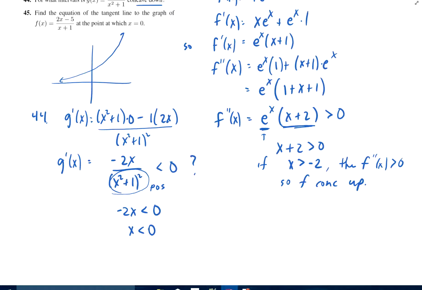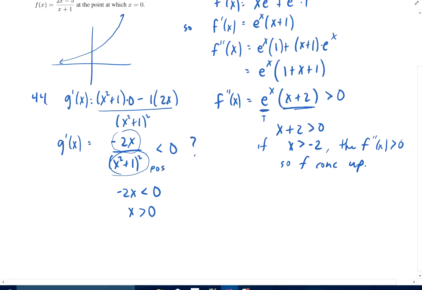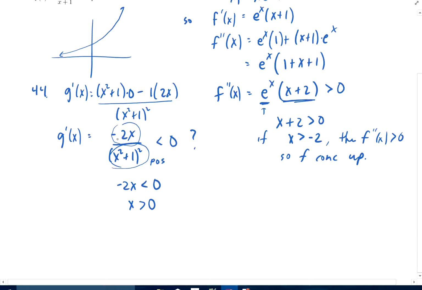Let's think about this here. When is this negative? Oh, oops. Forgot to switch my signs when I divide by a negative number. So what we're saying is, whenever x is greater than 0, this numerator is negative because it's a negative times a positive. And so that would make the whole thing negative. So whenever x is positive, this fraction is negative.